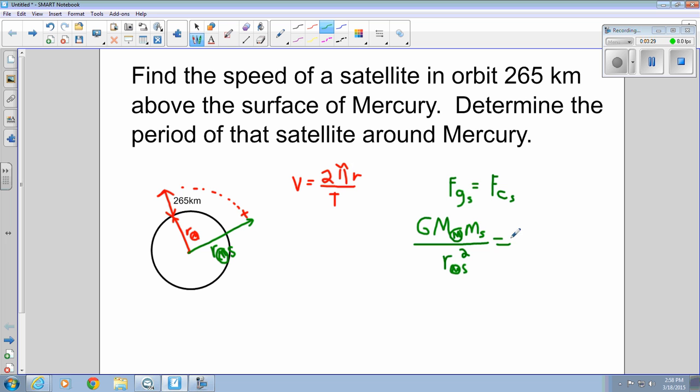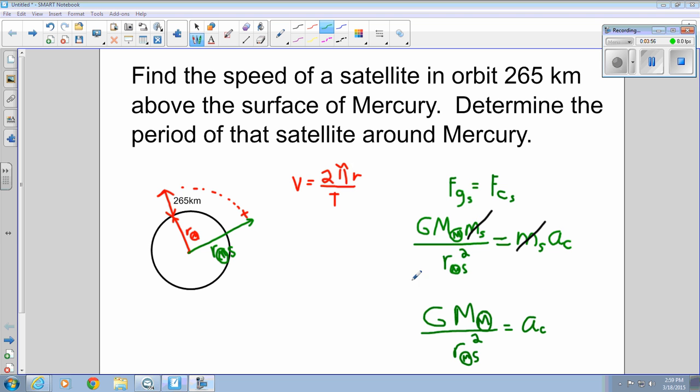That's equal to the centripetal force felt by the satellite, which is also the mass of the satellite times its centripetal acceleration. And what do you notice cancels out here? The mass of the satellite. So it doesn't matter what the mass of the satellite is.